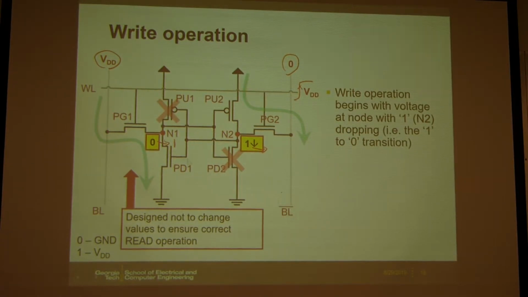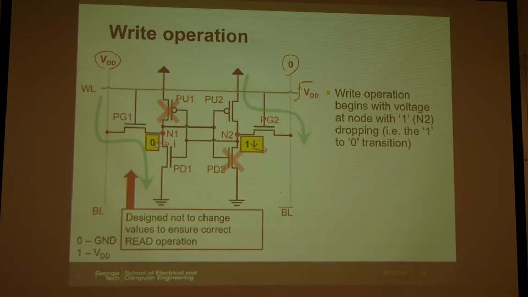You look at the bias condition for this circuit. If you look at the N1 node, the left-hand side, you will notice that this configuration is exactly the same as the read configuration, right? In the read condition before, you have 0 here, and also you have VDD to the bit line.